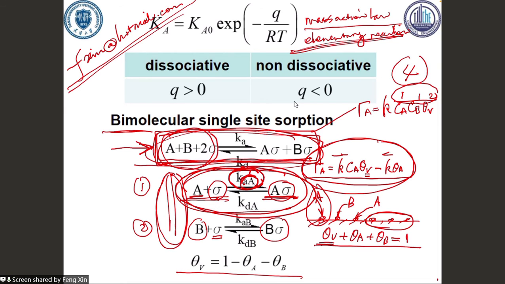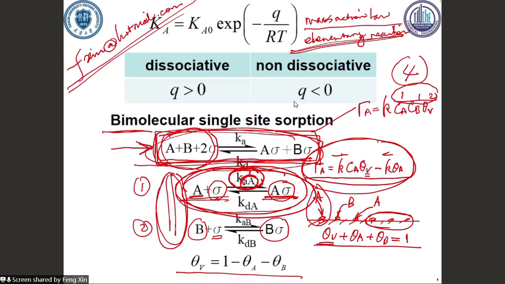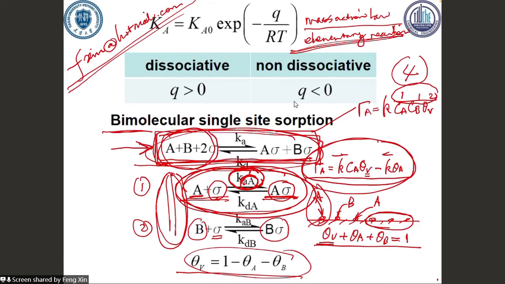So here you get RaA equals kaA Pa for the gas phase reactant, multiplied by the active site term. You can imagine the active site as a solid reactant, and for a solid reactant we use the coverage. So this one is theta V. Now let's look at RdA. We also use the mass action law for this elementary reaction, the backward reaction.